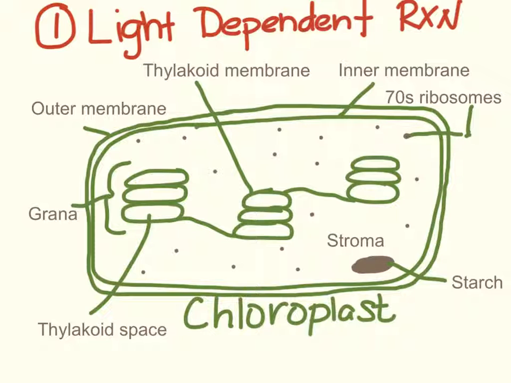A stack of thylakoid membrane structures together is referred to as grana. Within each thylakoid membrane there is a very small empty space, which we refer to as the thylakoid space. Connecting the thylakoids together are structures we refer to as lamella. And that's the basics of the structures of the chloroplast.